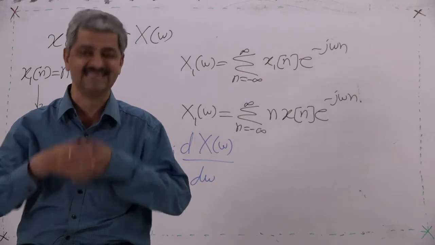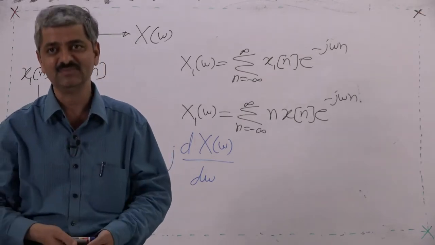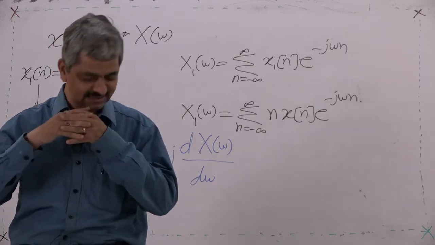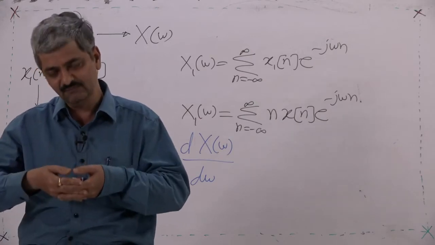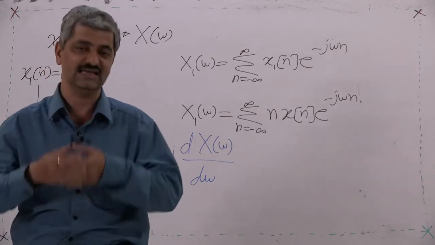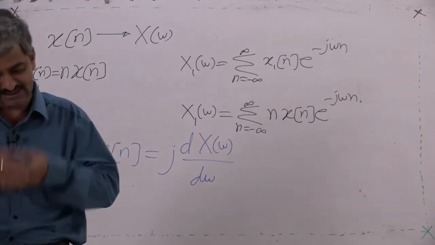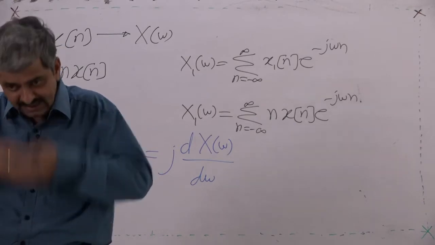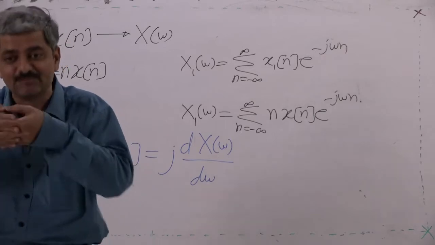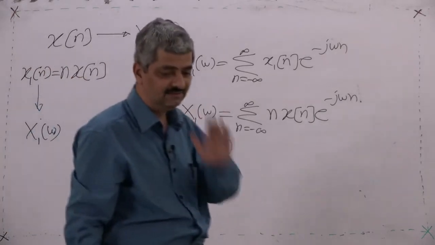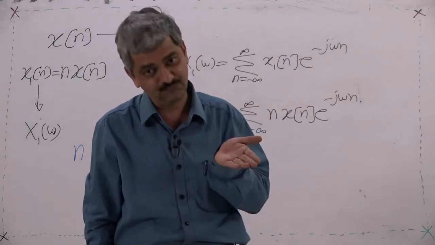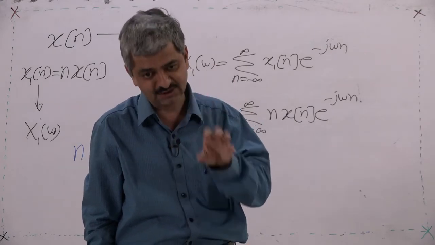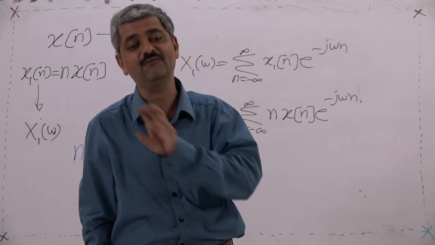The derivative multiplied by j is the DTFT of n x[n]. In other words, the derivative of the DTFT of x[n] is the DTFT of n x[n] upon j. Listen carefully: the derivative of X(omega) is the DTFT of n x[n] upon j.